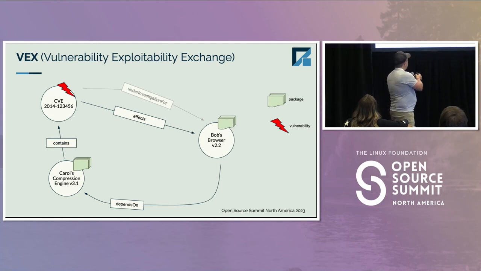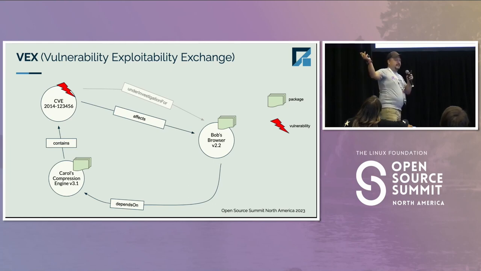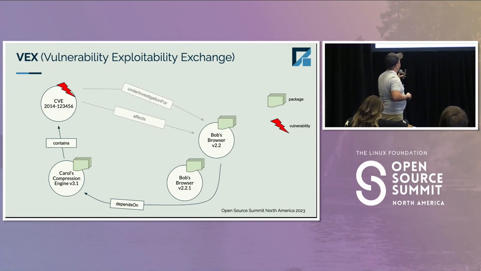Or the next one is, okay, let's say that Bob goes to Carol and says, Carol, can you patch the vulnerability? And Carol may say, well, I'm the lonely maintainer in Nebraska, I cannot do that just now. So Bob may issue a take action and fix it by himself.